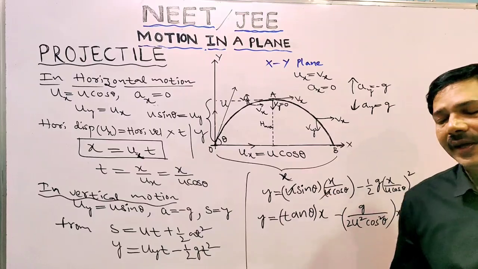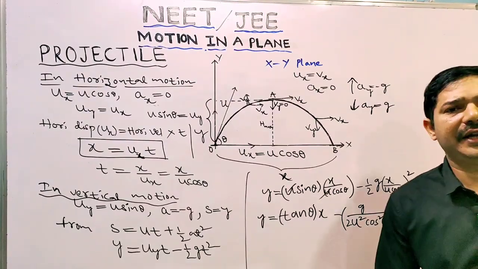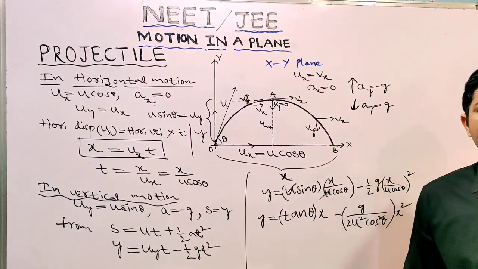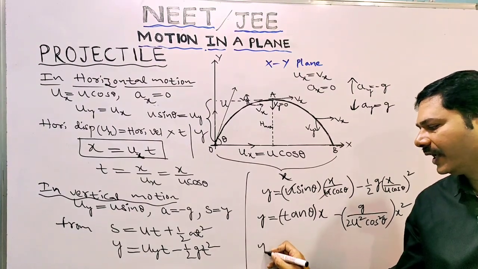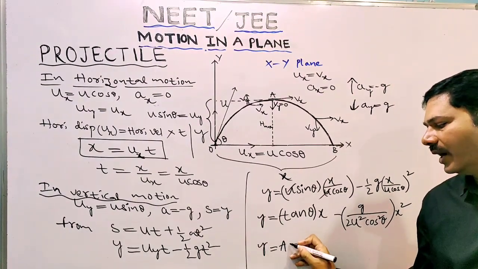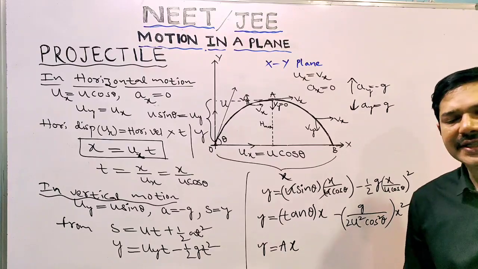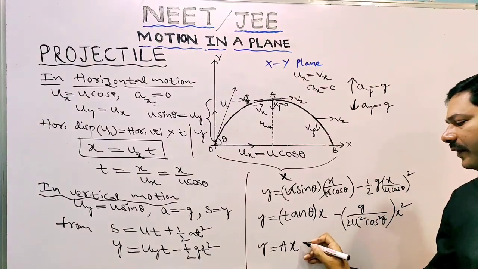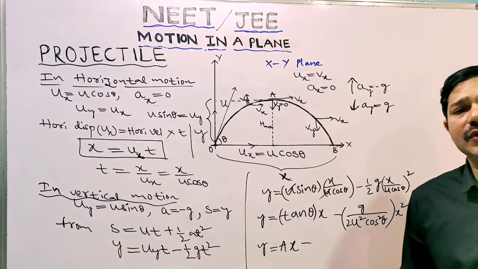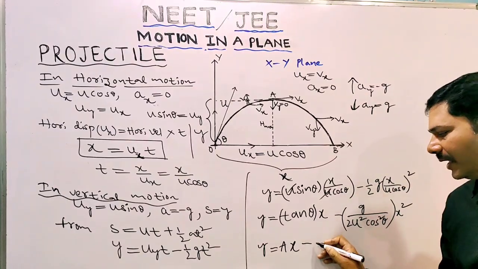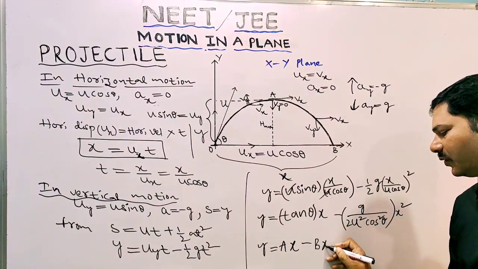We are taking here, instead of tan theta, I am assuming letter A, this x is as it is, and instead of g by 2u square cos square theta I am taking b x square.